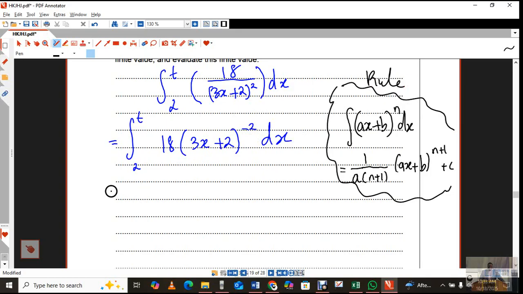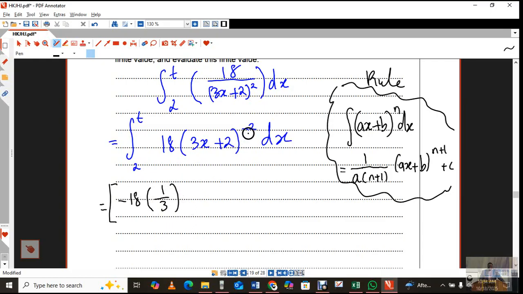So integrating that would give me negative 18, times 1 over 3. That's 1 over 3, very important that you take note of it.